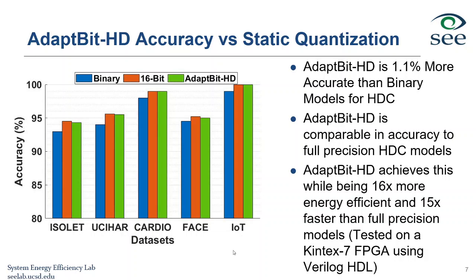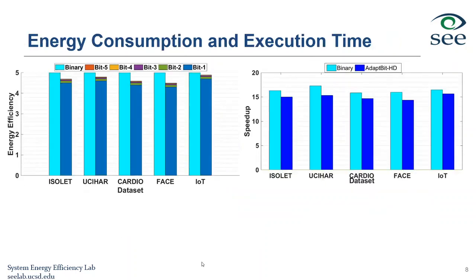This means that AdaptBit HD is able to achieve the accuracy of full precision with comparable energy and execution time to binary. This is good for applications where there needs to be a balance of accuracy, energy, and execution time. For example, a medical device running on a battery diagnosing a patient. And these results were obtained using a Kintex 7 FPGA using Verilog HDL as our design language.